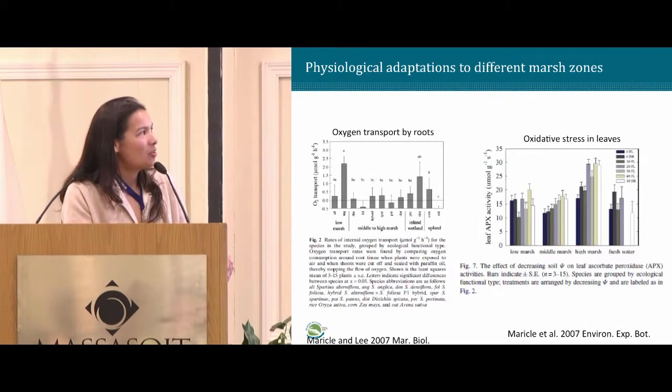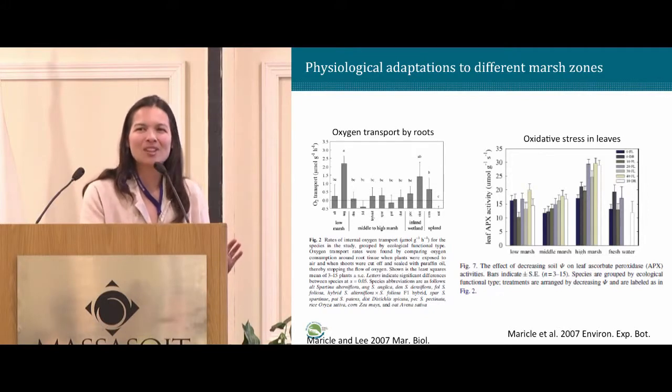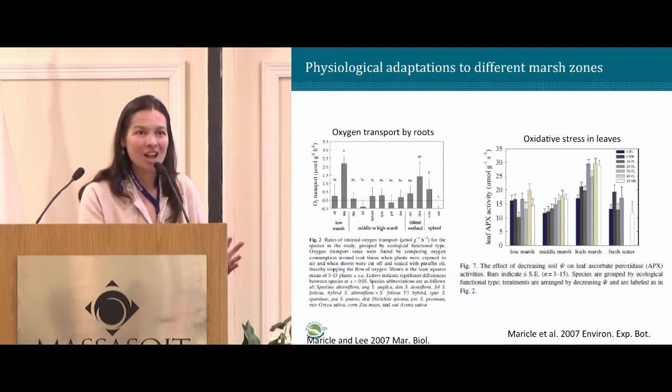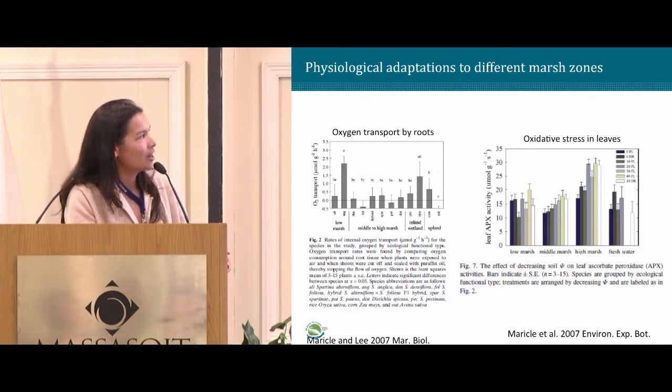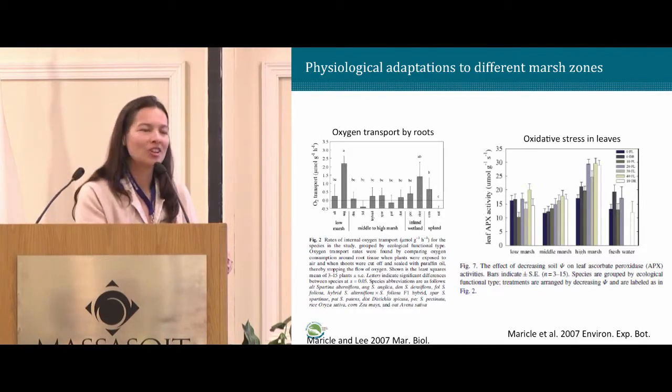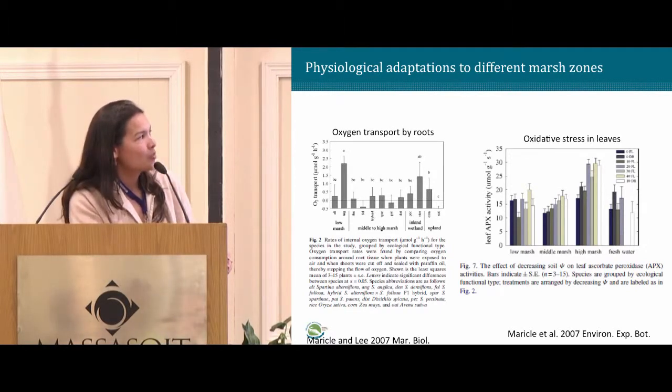And so we know that the plants, because of those differences in the physical environment with zones, have physiological responses, and I've shown the parenchyma as one adaptation for oxygen transport. And these are just some data that are illustrating that oxygen transport occurs through roots with very high rates of oxygen being exchanged by some of the low marsh plants where you would predict it would be needed, and that the plants are also responding to the physical stress.